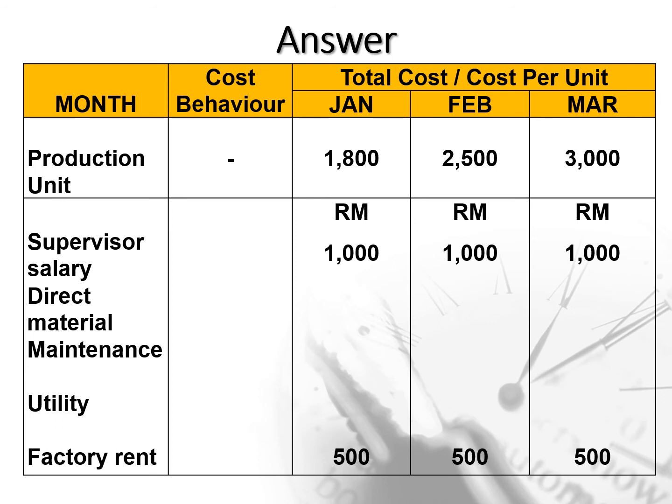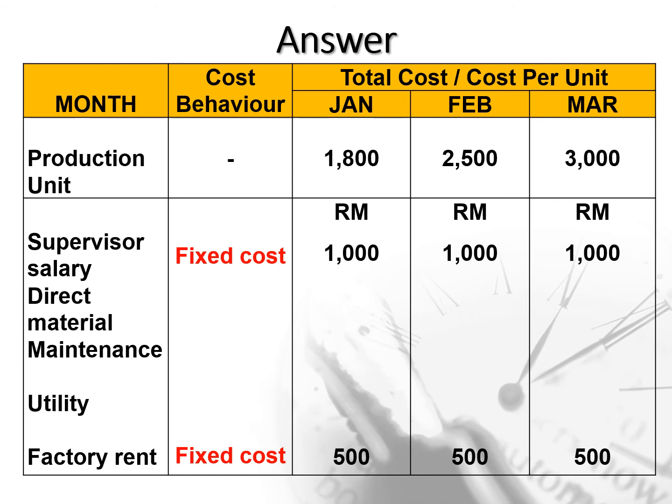So, the supervisor salary and factory rent are fixed costs. For direct material, maintenance and utility, they have different costs on each production unit. So, you have to calculate the cost per unit.